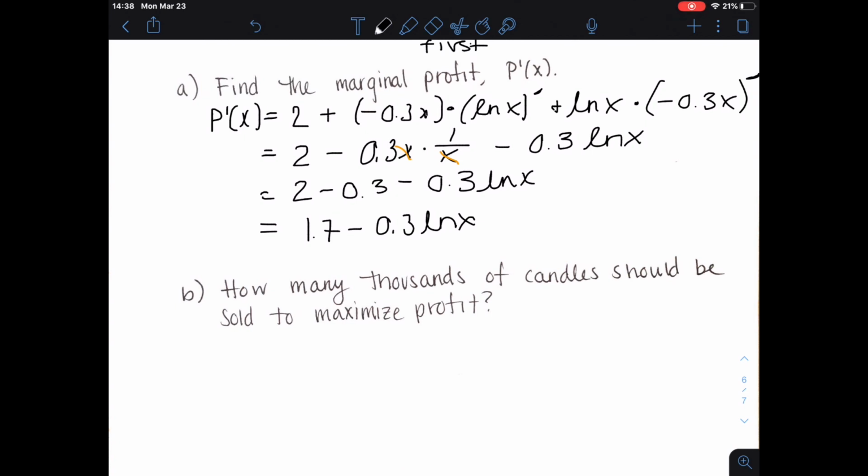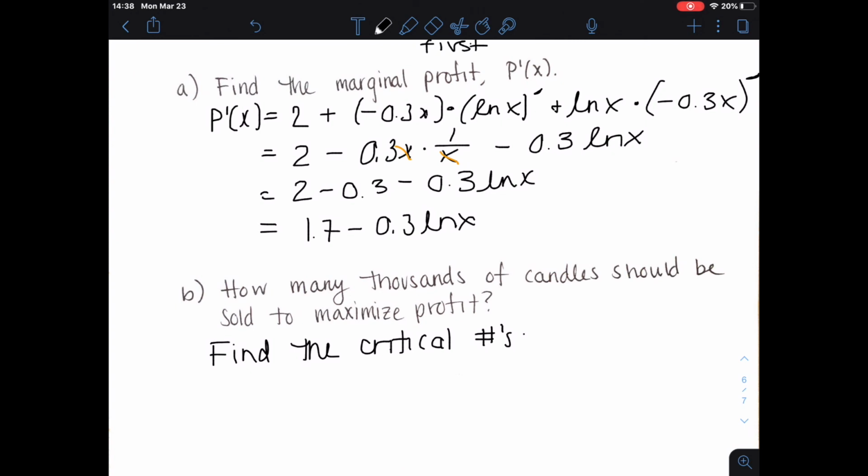So remember, to maximize, you want to find those critical numbers, and then you want to apply that first derivative test to see if it's a max or if it's a min. So first things first, we're going to find the critical numbers. That would be where this thing is equal to 0 or where it's undefined.